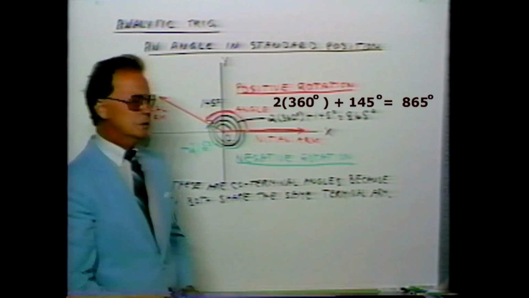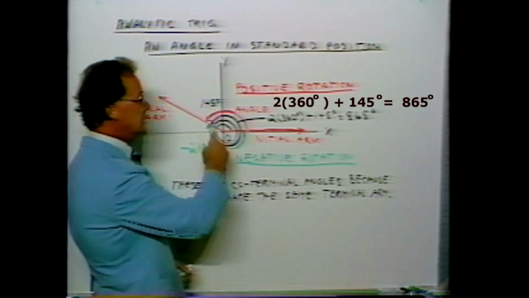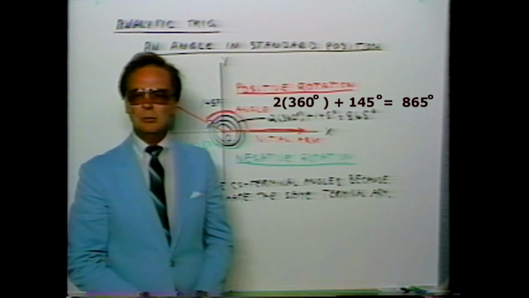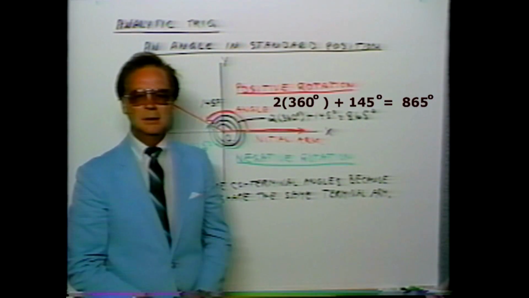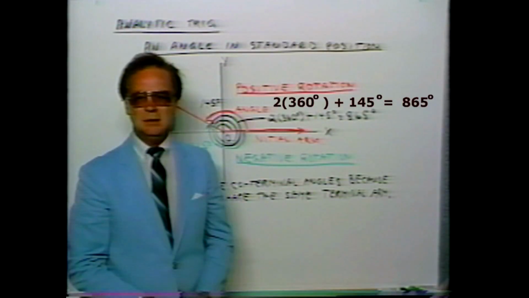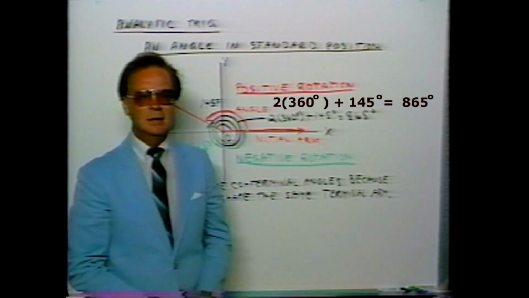We could have rotated the arm in the negative direction several revolutions if we wanted to produce a much larger negative angle, which would also be a coterminal angle.